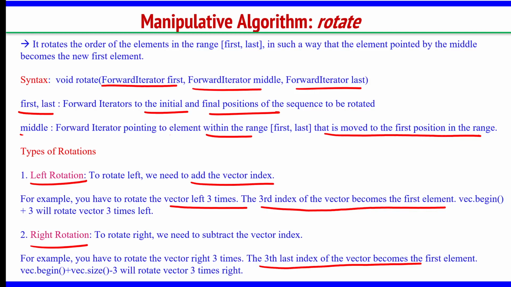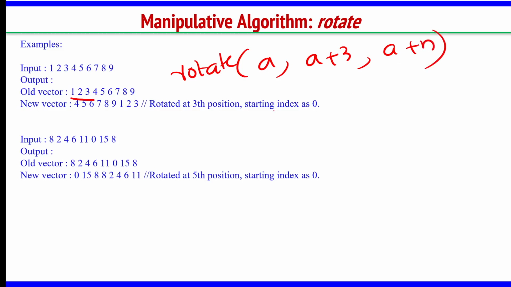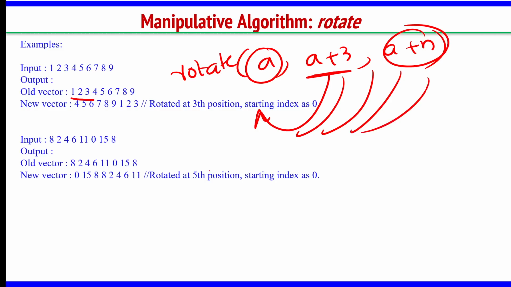I will show you an example here. See how you implement rotate left and rotate right. Here this is rotate right. I have to give the rotate function the starting A plus 3 and A plus n. From beginning till the end, the A plus third element should come in the first position. From here bring everything this side.